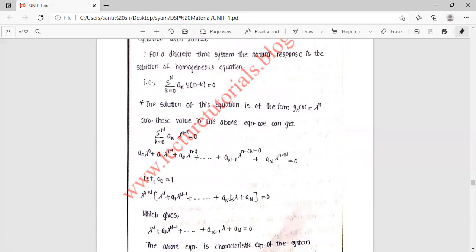So taking lambda^(n-N) as common, it becomes lambda^N plus a_1 lambda^(N-1) plus and so on, plus a_(N-1) lambda plus a_N is equal to 0, or this entire expression will become 0.